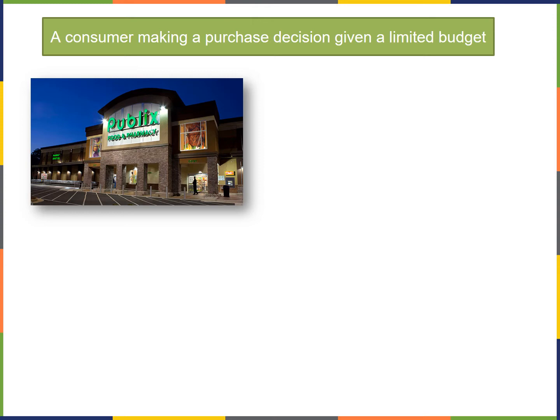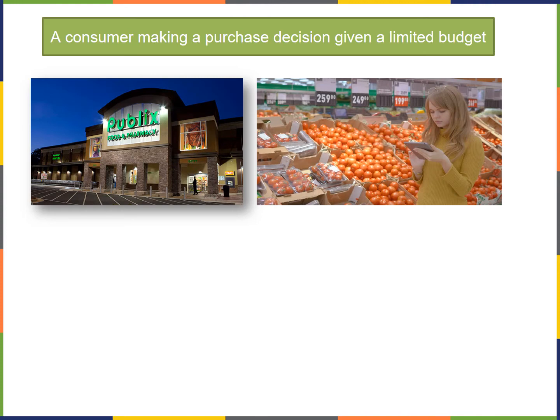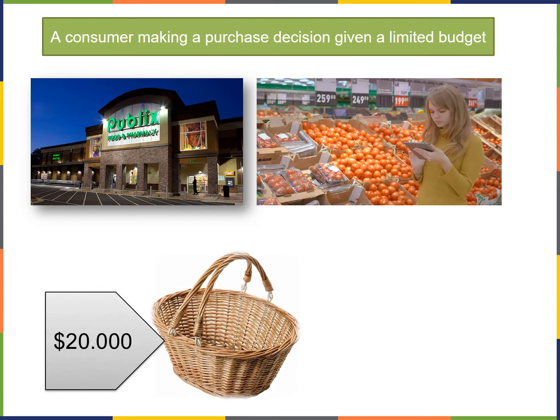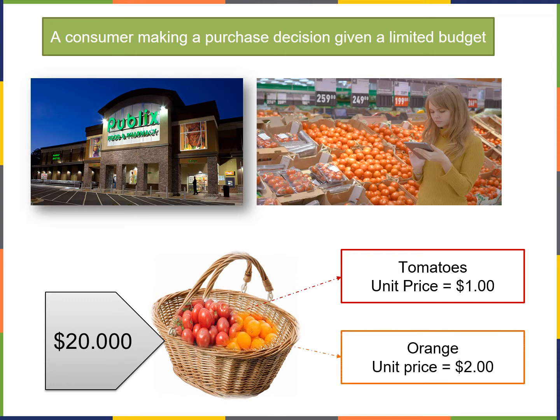For instance, you are there trying to decide between tomatoes and oranges. The challenge is that you only have $20 to purchase tomatoes that cost $1 each and oranges that cost $2 per unit.